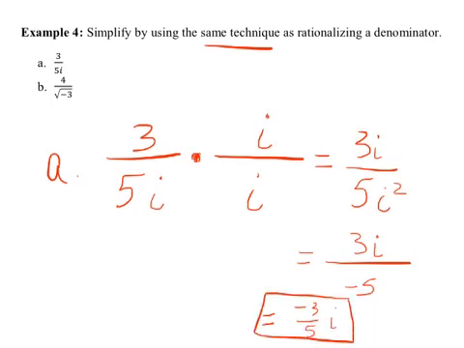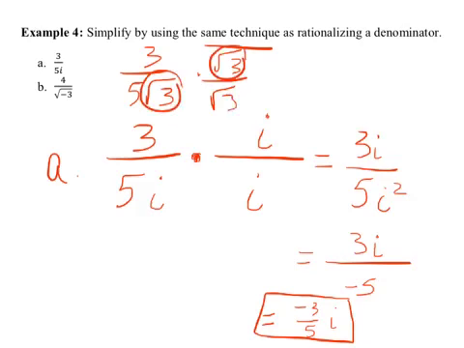Okay? Believe it or not, this first problem here, which was 3 over 5i, we don't want to have an I in our denominator. The same reason or same technique as we use to get rid of a radical in the denominator. So say we had root 3 as our problem, we would multiply by root 3 over root 3. Whatever this component here was, we multiply top and bottom by. The same thing now. We have this I here in the denominator.